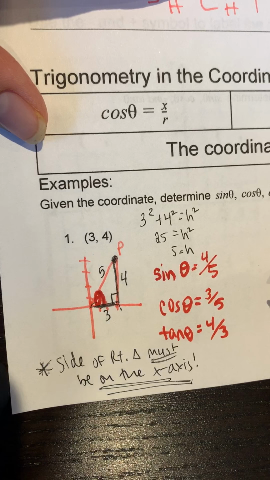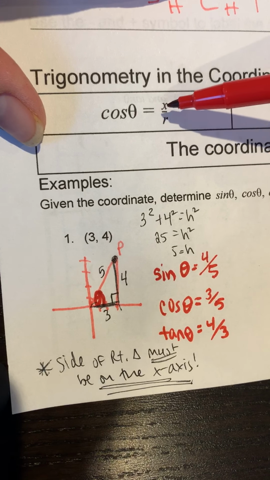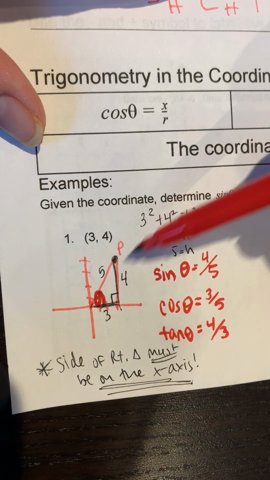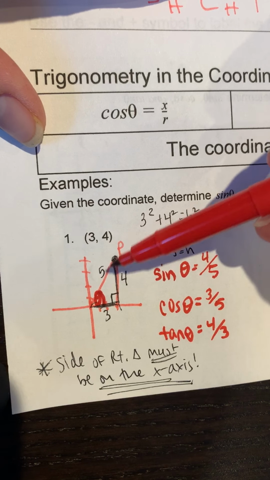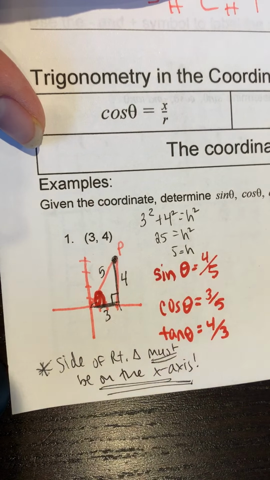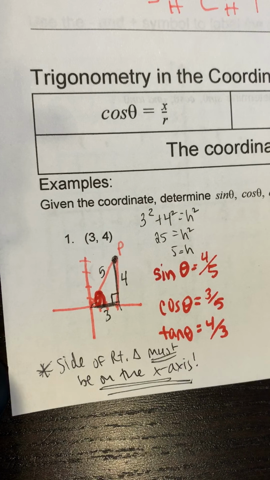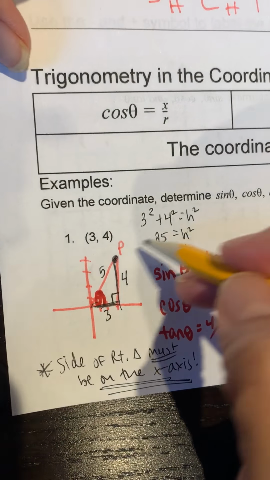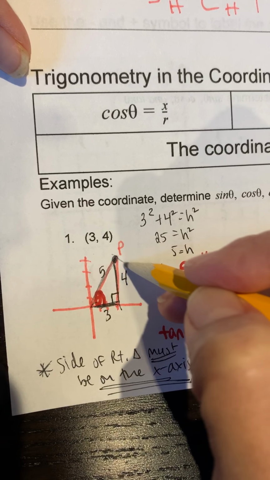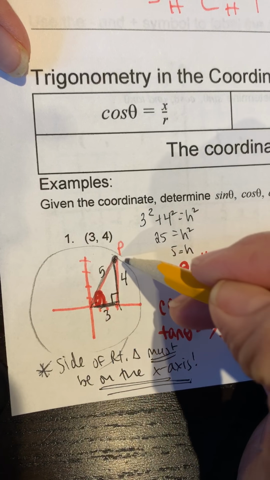Now, notice that this works because this is what these formulas were saying. Cosine is the x-coordinate of the radius. You're like, wait, what radius? How is that even a radius? Well, the reason we call it a radius is we can picture, and you don't have to do this, but this is where it's coming from, that this length r is the radius of a circle going all the way around.